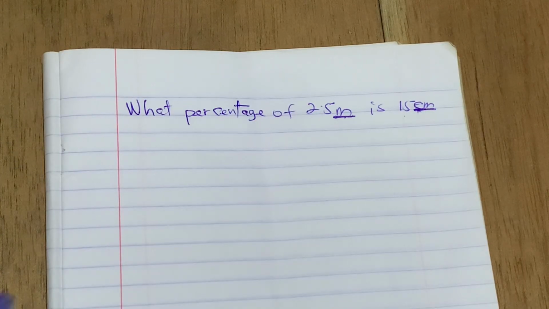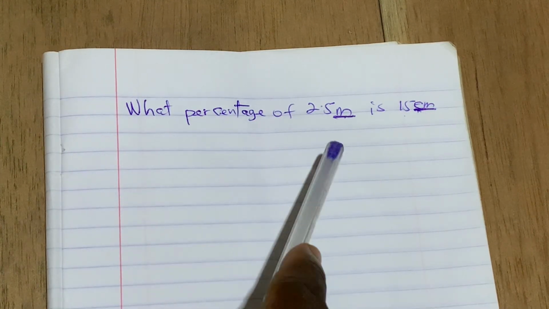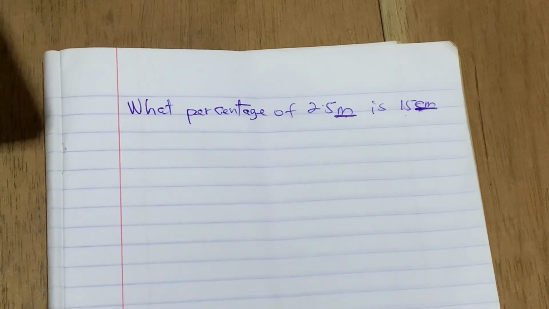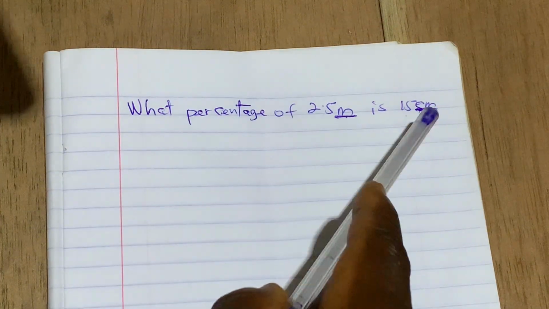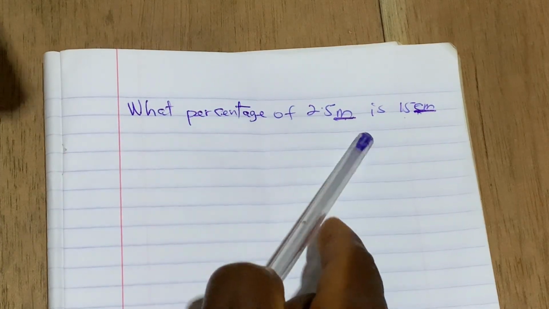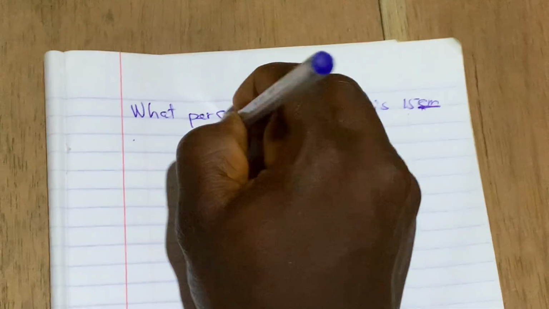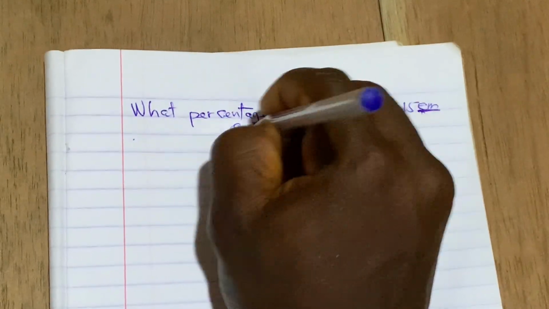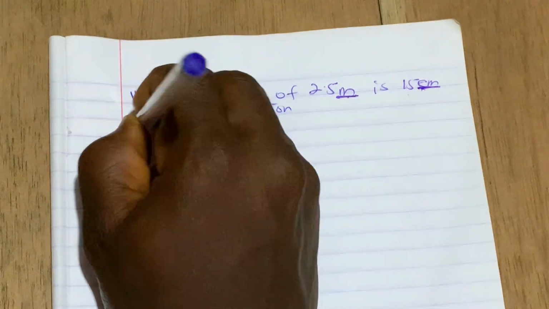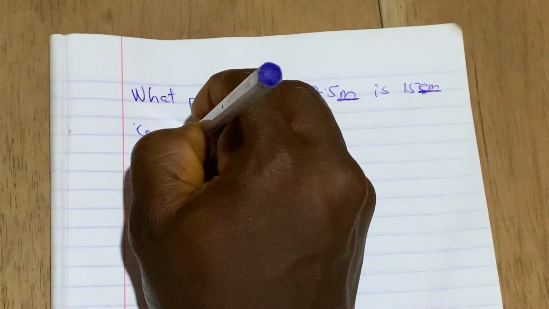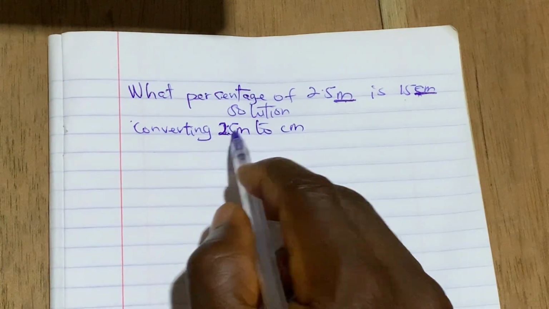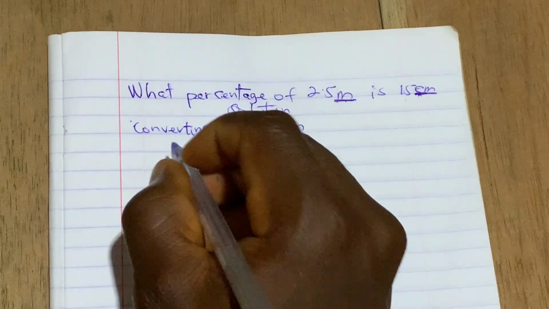So we have to convert 2.5 meters to centimeters. Or better still, you can convert 15 centimeters to meters before you convert it to percentage. So, converting 2.5 meters to centimeters.